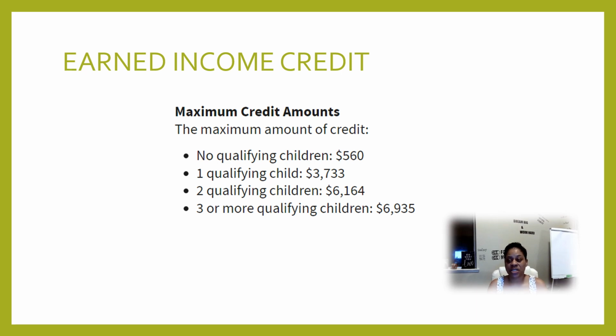If you have 1 child, you can make up to, I believe, about, I don't have the table in front of me. I think it was about 40,000 you can make before the credit phases out. So the credit phases out at a maximum amount of income. So the more income you make with this credit, the lower the credit goes, if that makes sense.